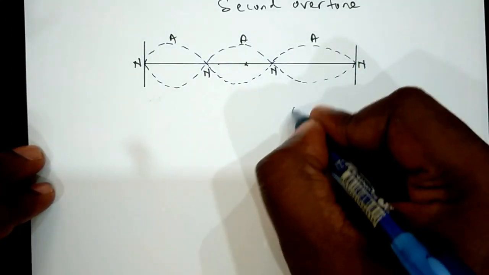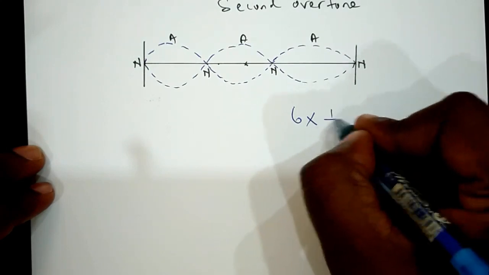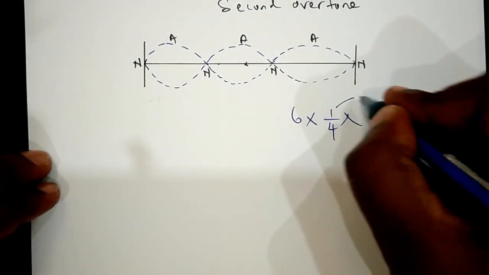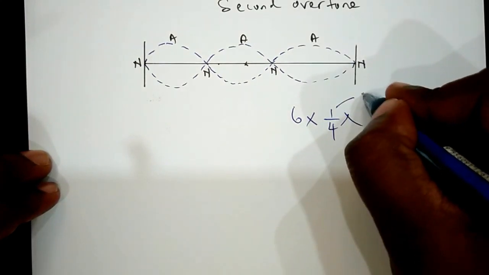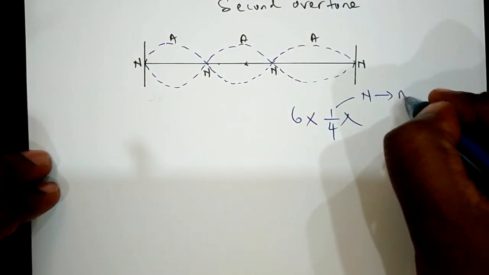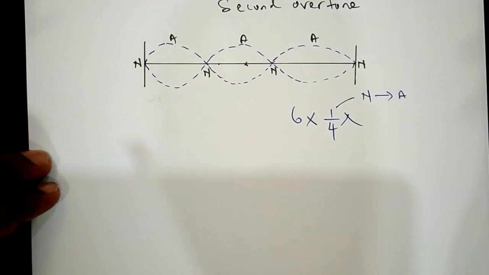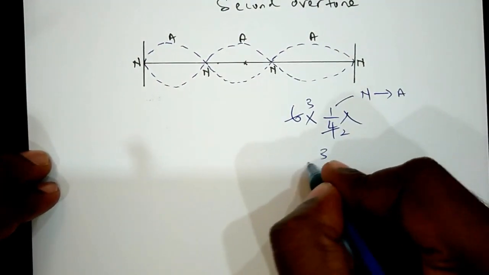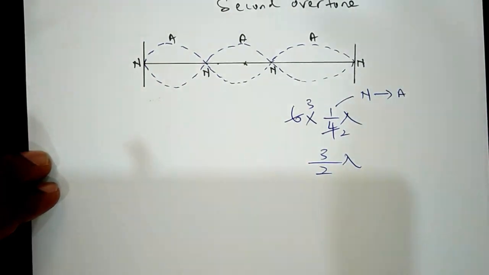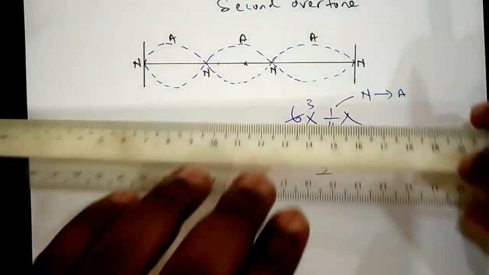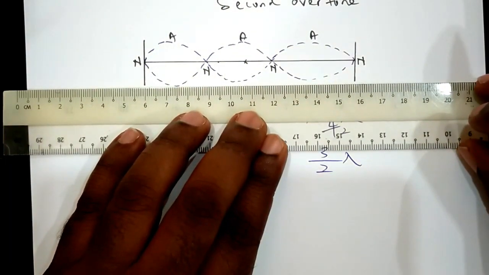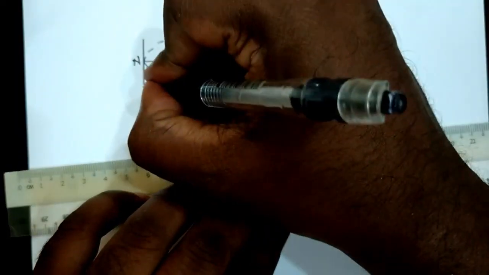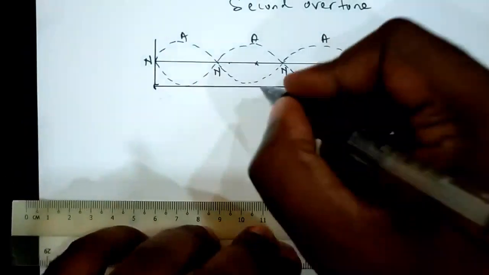So 6 times quarter wavelength. So we will get 3 over 2 lambda. Let the length from two fixed points be L.